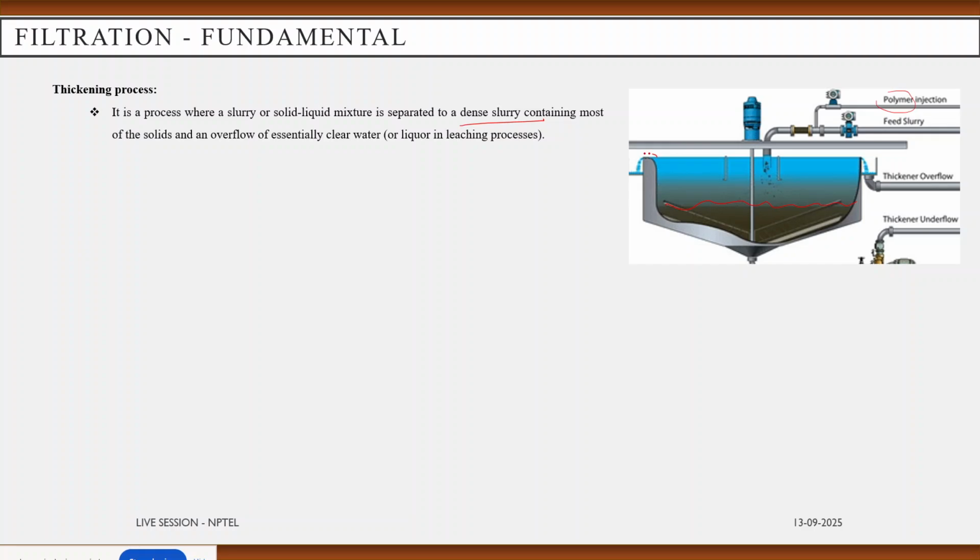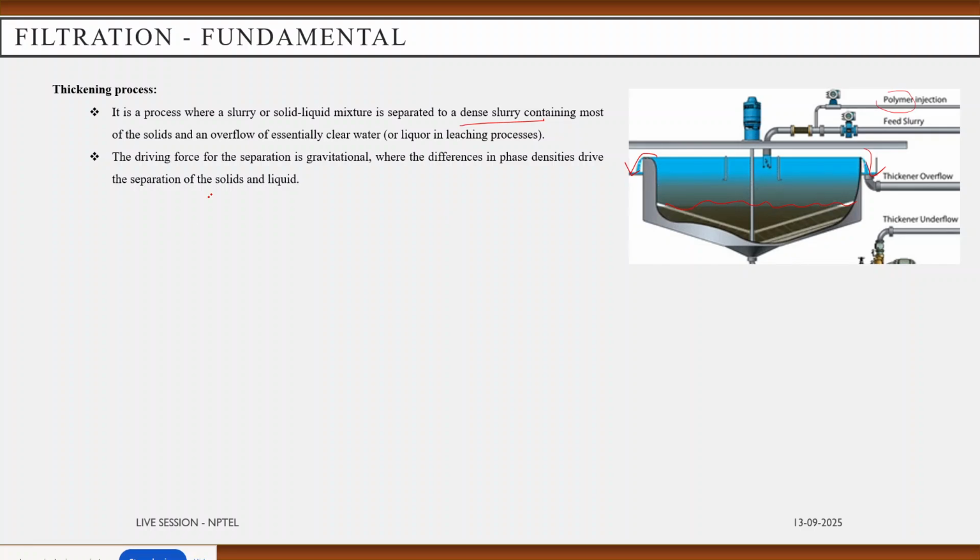The overflow that you can see is clear water. This is very common in the water processing and sludge processing industries. It is a very common practice to use a thickener to separate solids from a liquid stream.